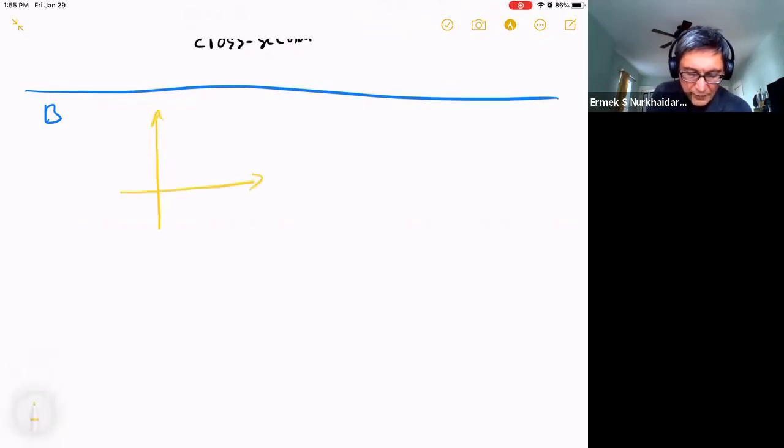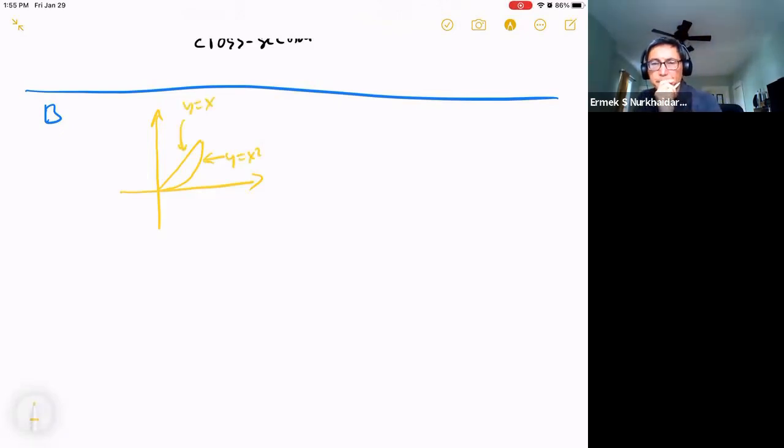We have y equals x and y equals x squared. So that's the region R. And if you look, the intersection point is going to be (1, 1).